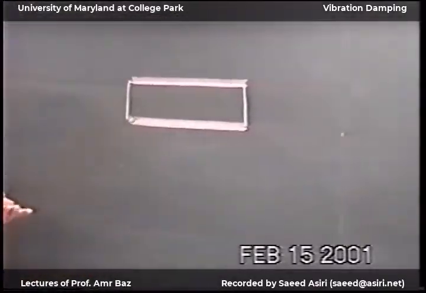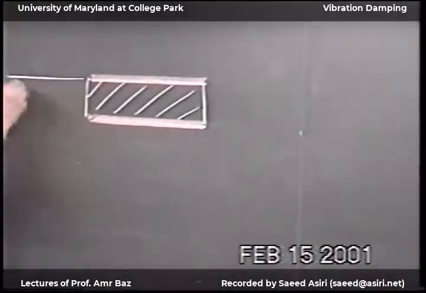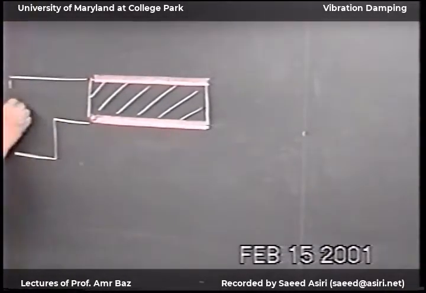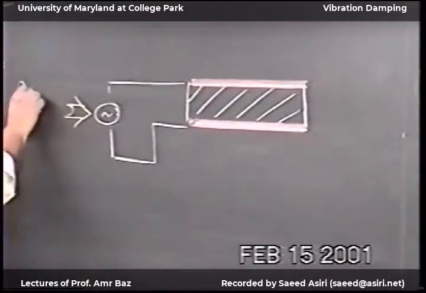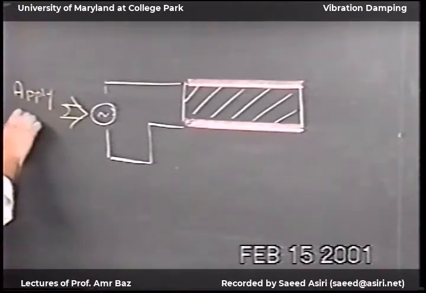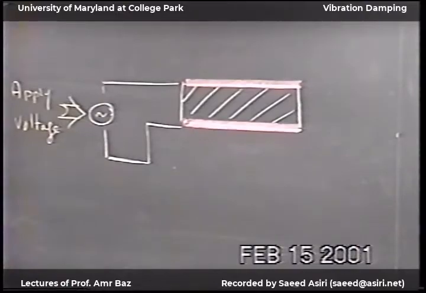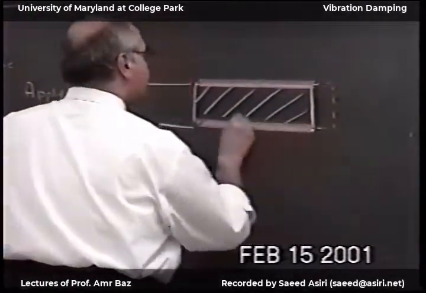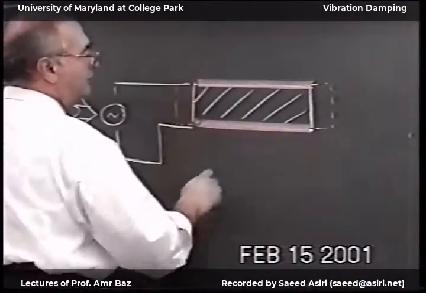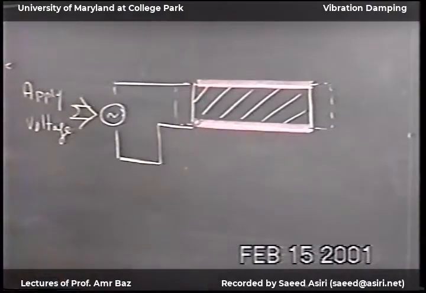If we take this material and now apply voltage on it, then this material will expand in all directions. It will expand in this direction, and it will expand in the perpendicular direction.